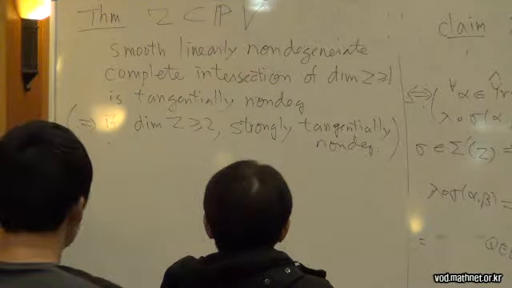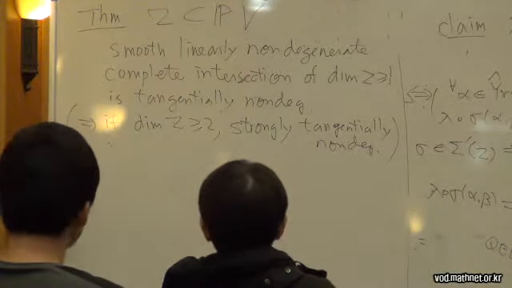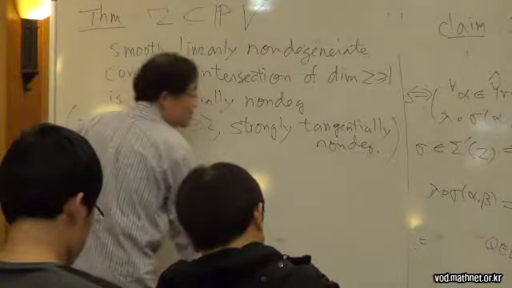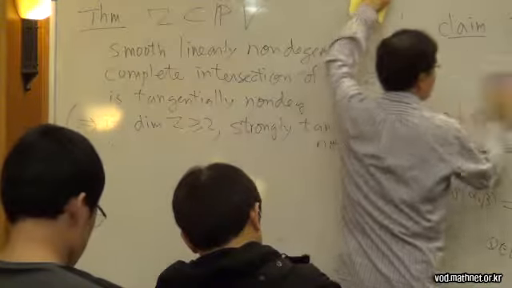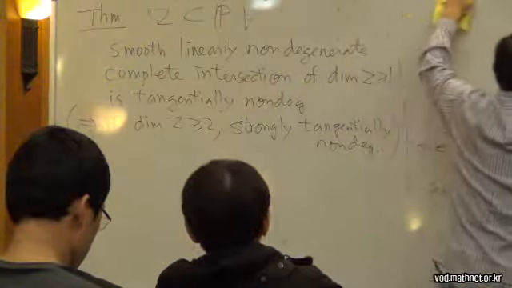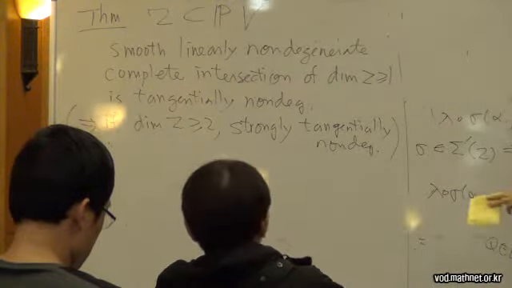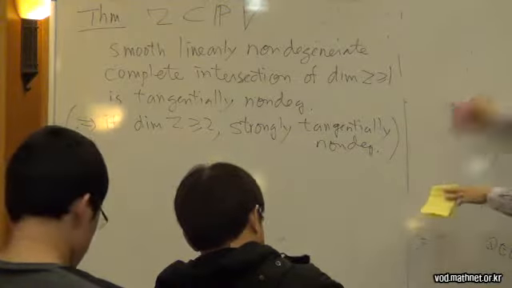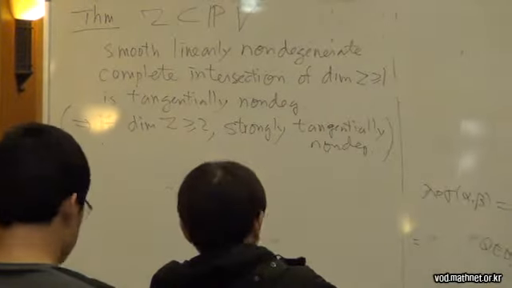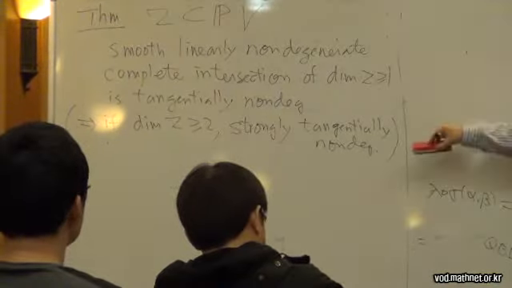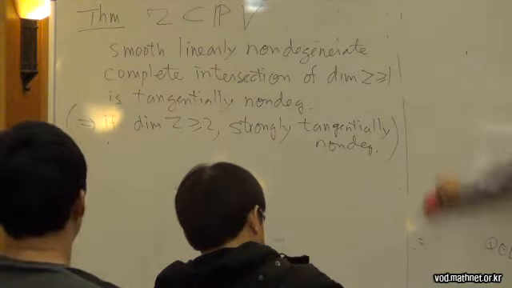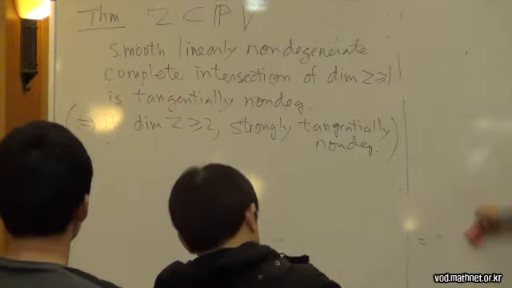Now what's the idea of the proof? To prove this, I need some definitions. But I'm sure that people working on complete intersections must have a more standard proof of this. But the proof I give is something I cooked up.